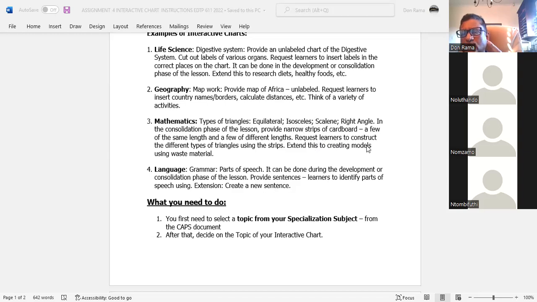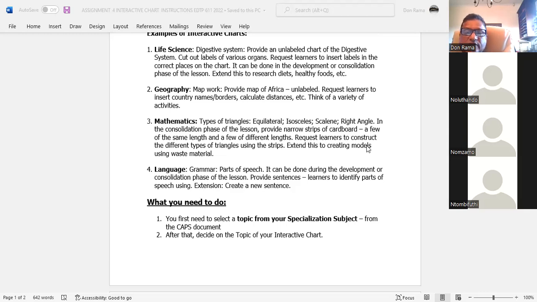A triangle with 2 equal sides and 1 unequal side, you can create that triangle. You can create a right angle triangle. So that is what we mean by interactive. You can have the label, scalene, right angle, isosceles, and equilateral, and you can ask your learners to come forward and build these triangles on the chart.